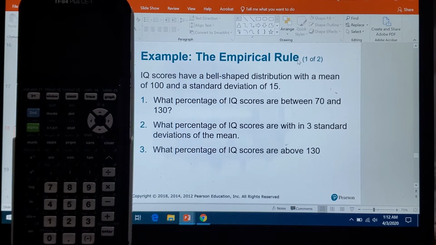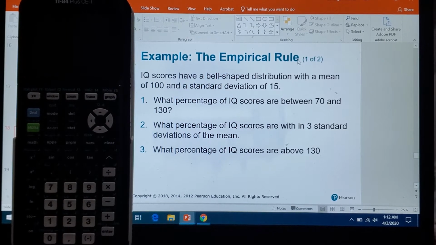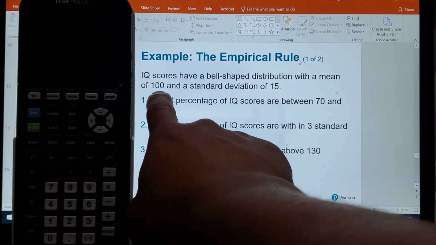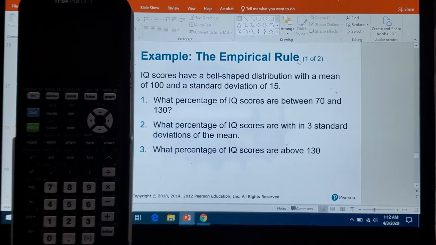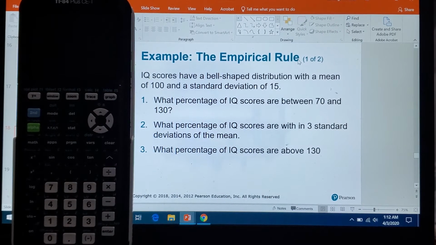So if we look at this example, we can try to construct an empirical rule, but using these values. Here is just using symbols. We can actually create an empirical rule, a bell-shaped curve, using the fact that we know the mean is 100, so that's going to be the middle, and our standard deviation is 15. And then we have to try to answer these questions.